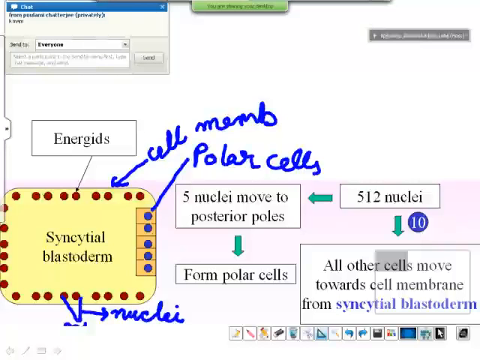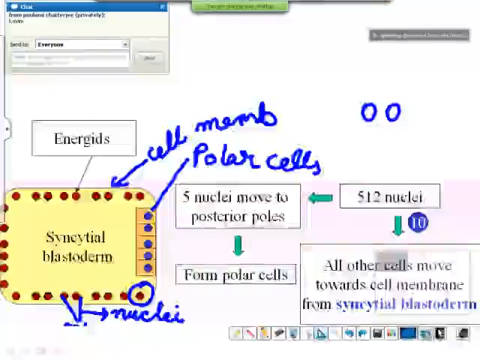So what does cleavage number 12 mean? If I say cleavage number 11, that means each nucleus present near the cell membrane will undergo division there only. For example, if I talk about this particular nucleus, this nucleus will form two nuclei at that area only.